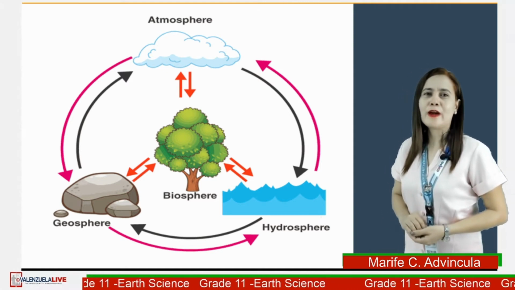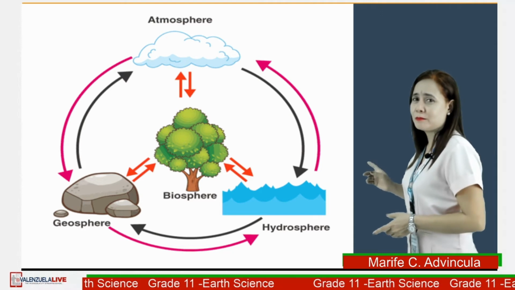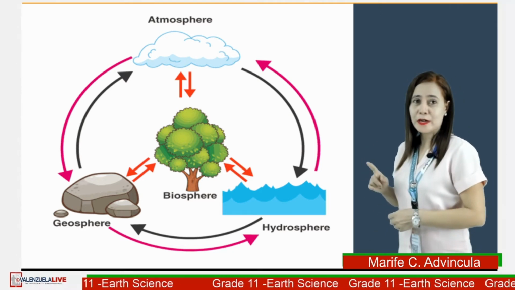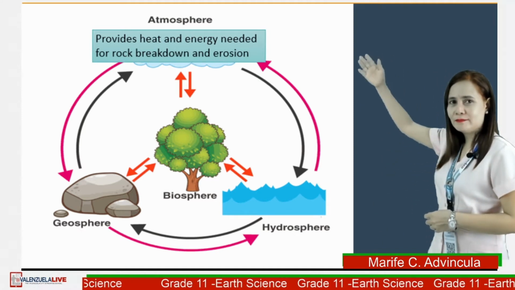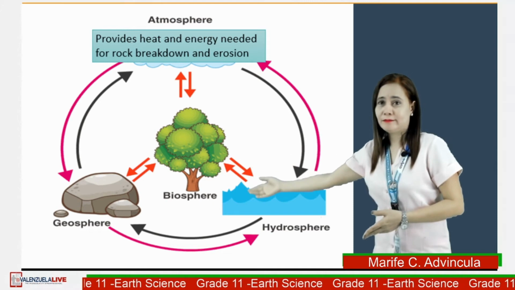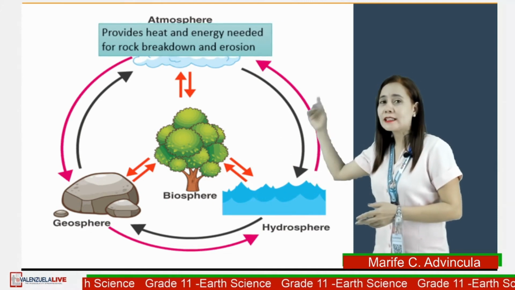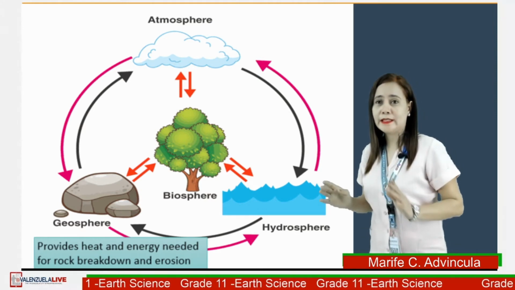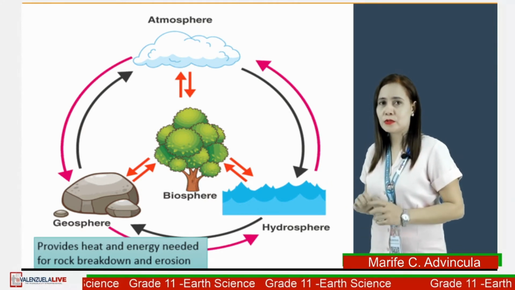Now, let us find out how these subsystems interact with one another. First, the atmosphere. The atmosphere interacts with the geosphere by providing heat and energy needed for rocks to break down and also in erosion.